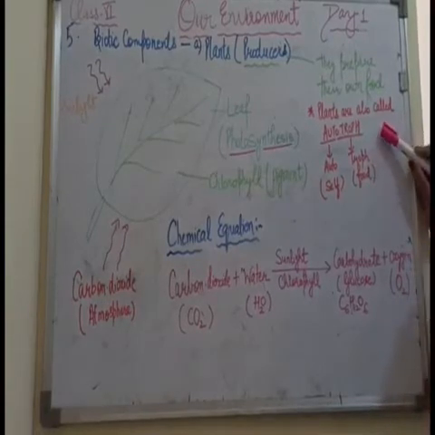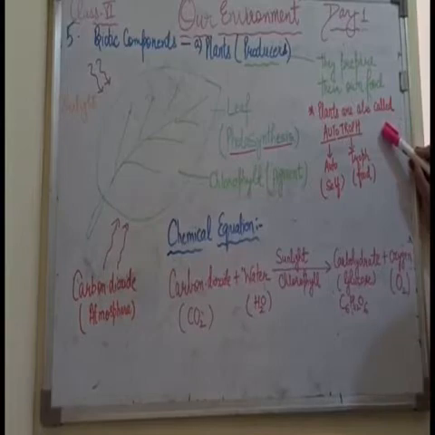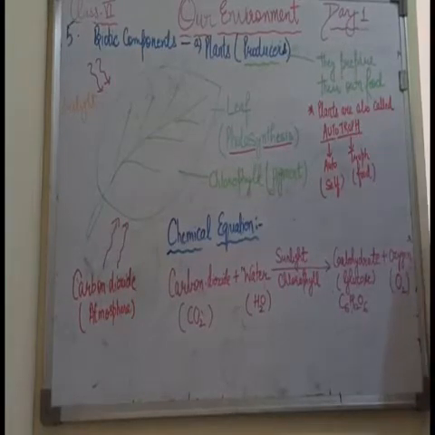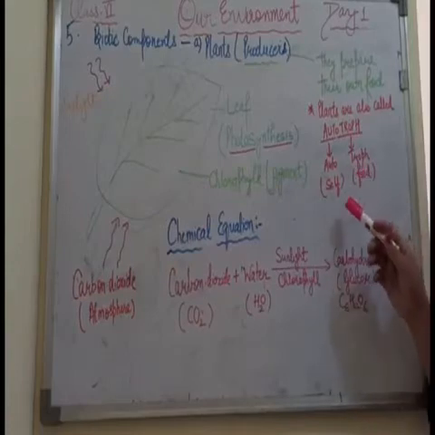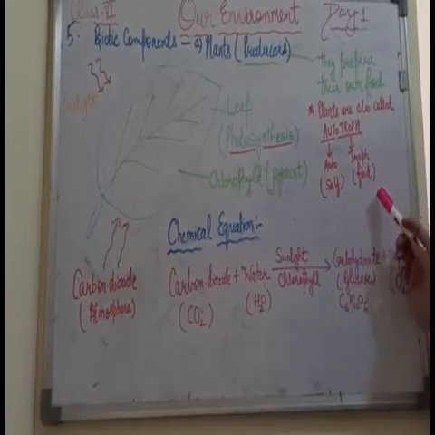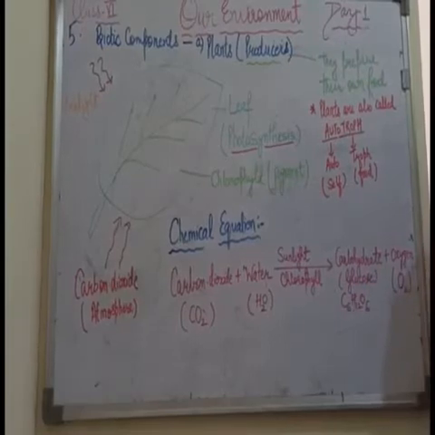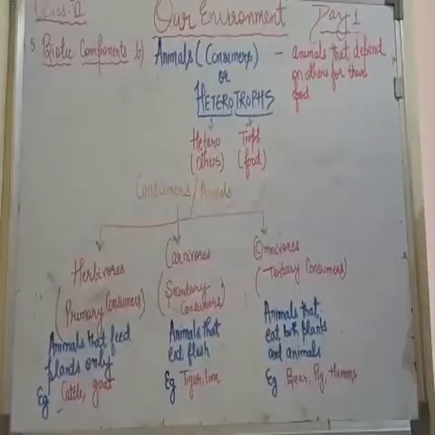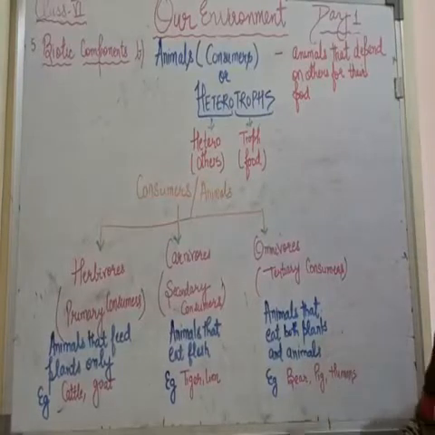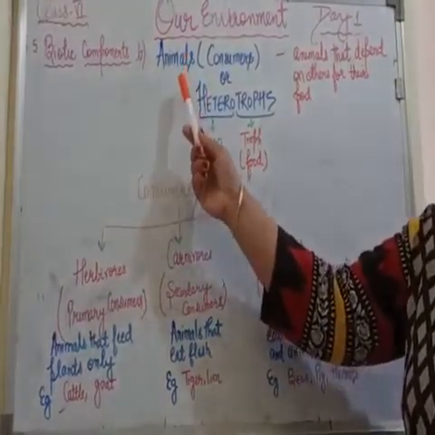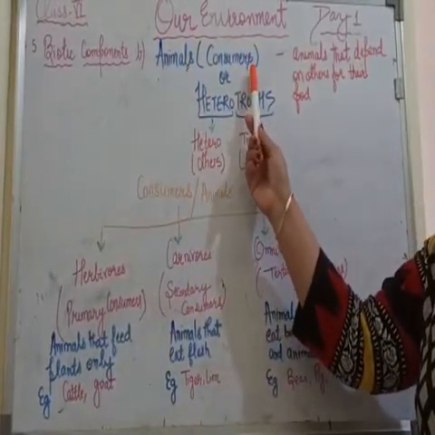Here plants are also called autotrophs. Why they are called autotrophs? When we split this term autotrophs, auto means self, troph means food, means they can prepare their own food. So let's come to the next part of biotic components, that is animals, which are also called consumers.